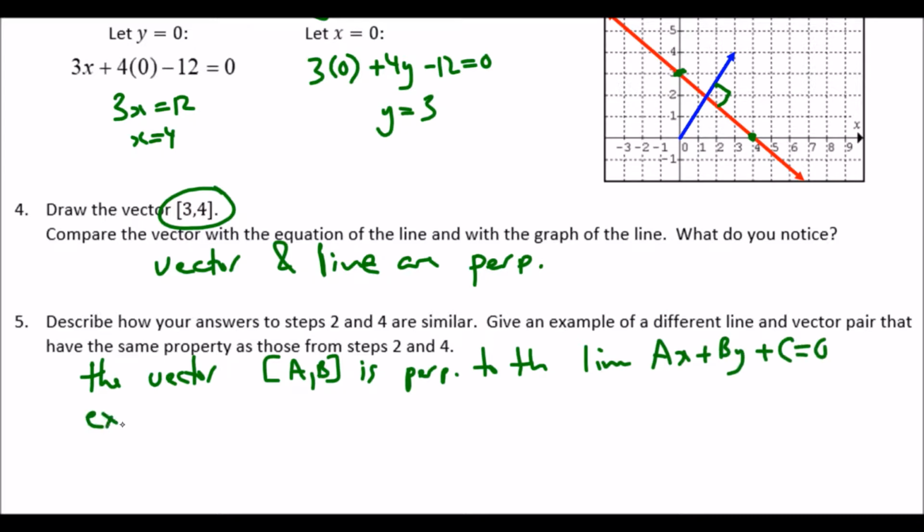Example, the vector 3, negative 4 is perpendicular to 3x minus 4y minus 24 equals 0. Don't believe me, try it, and you will see that yes, this vector here is perpendicular to this line here.